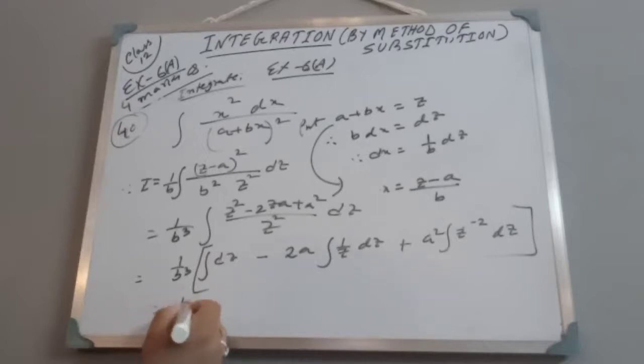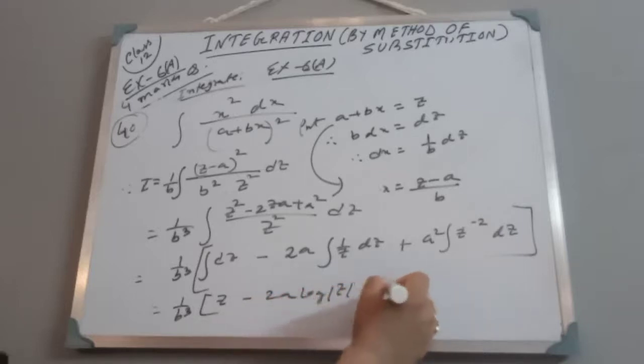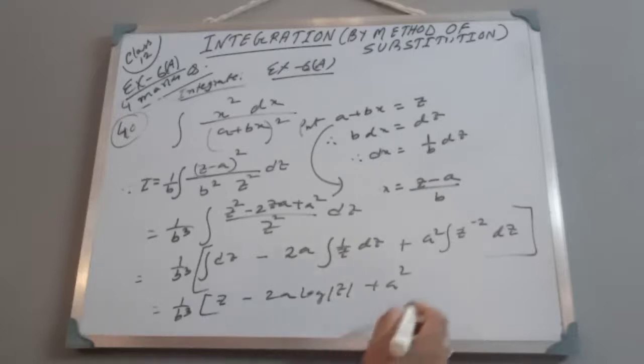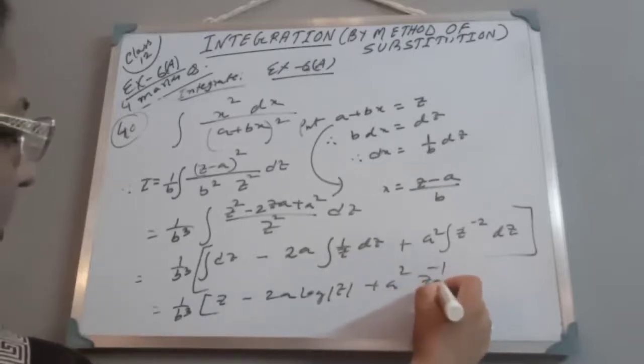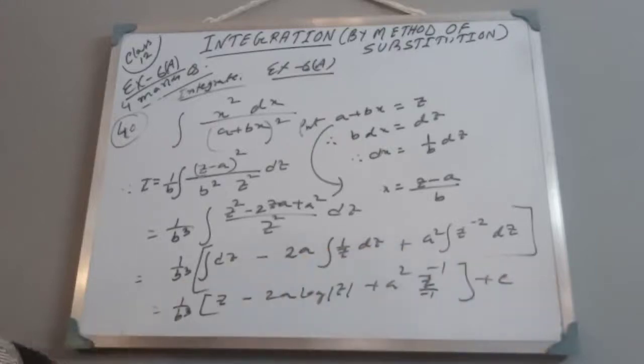So it is coming 1 by b cube, and integral z means z square by 2, minus 2a z, plus a square, z to the power minus 2 means minus 2 plus 1, so it is coming z to the power minus 1 by minus 1, plus c.